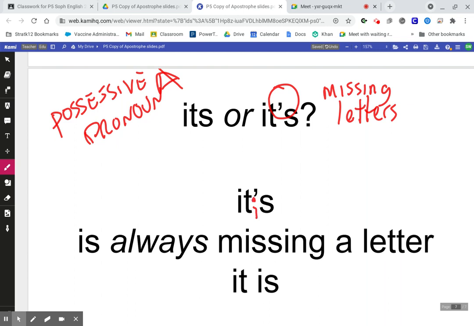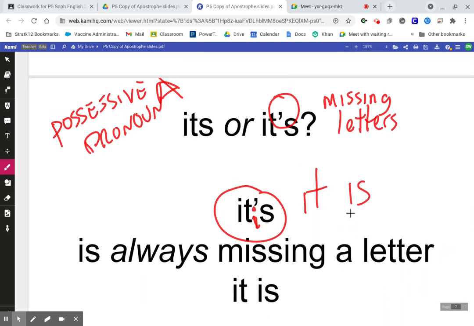That's what it is. It is. Okay? It's is always it is. The other one without an apostrophe is always a possessive pronoun. His coat, her coat, its coat. Anytime you write it's with an apostrophe, it is. So if you say the sentence and you can put in it is, it needs an apostrophe.